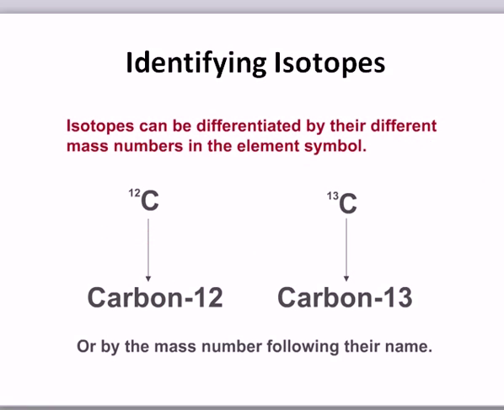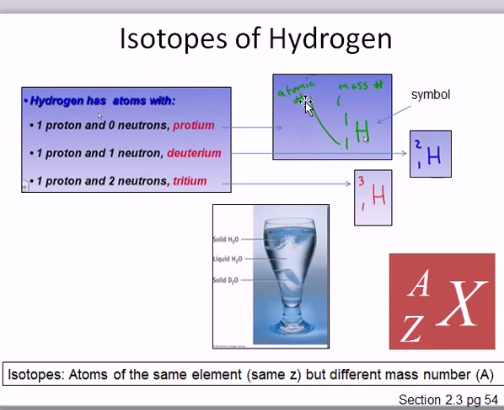So there's carbon 13. And hydrogen is another example, and this is actually very common. You have hydrogen with 1 proton, 0 neutrons, which is basically a proton, right? So they call it protium. And then if you have 1 proton and 1 neutron, it's deuterium, sort of heavy water as they call it. And if you have 1 proton and 2 neutrons, it's tritium. You can look at how you would display that.